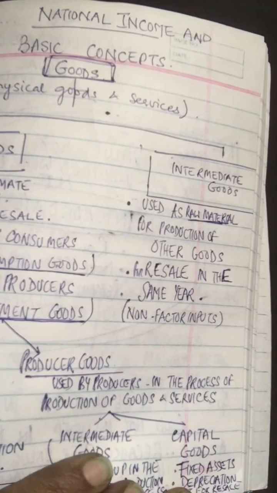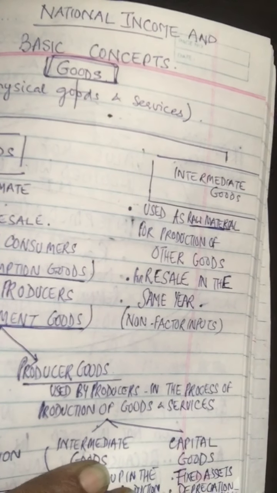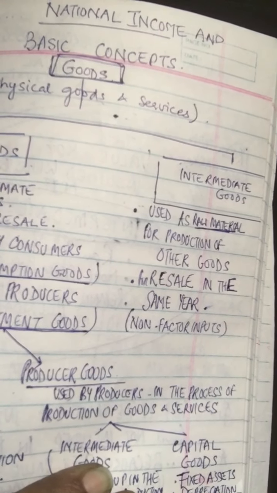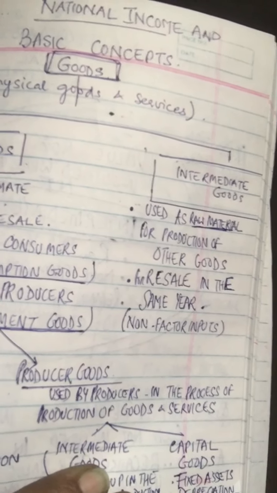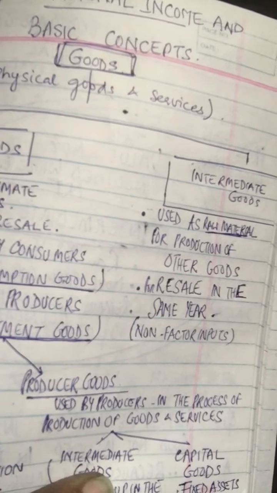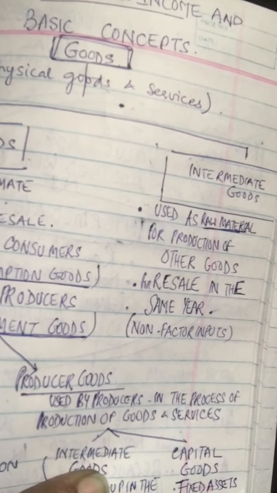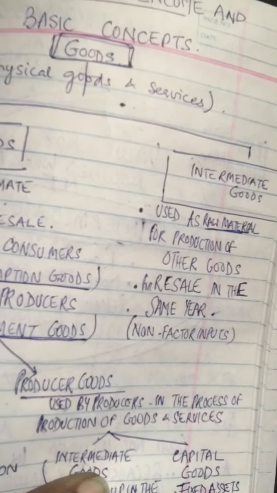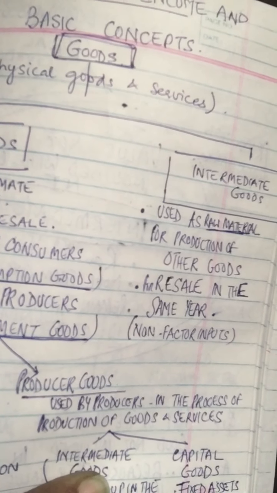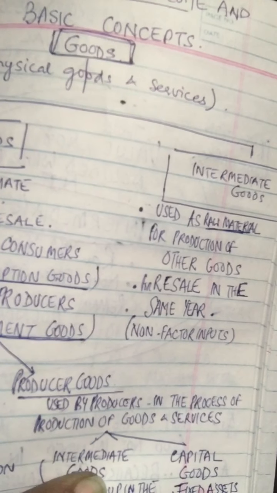So we can see the distinction between final and intermediate goods: intermediate goods are used up in the production process. So these are the non-durable goods and therefore resold in the same year.